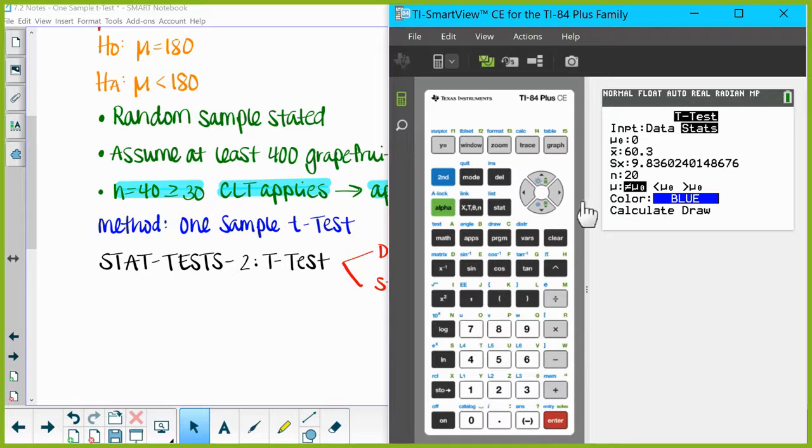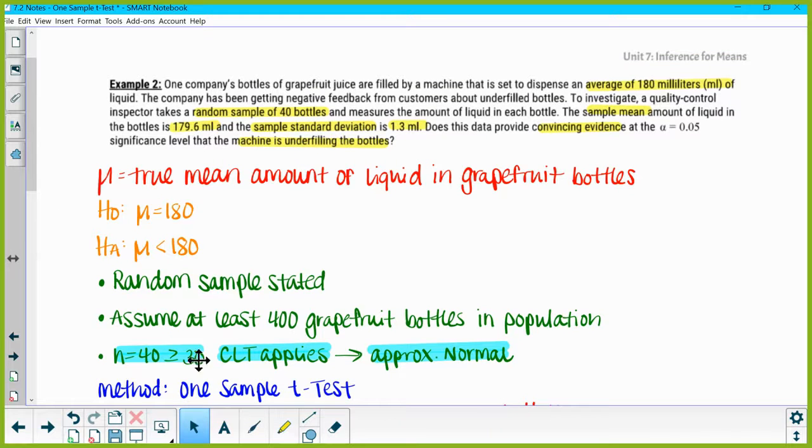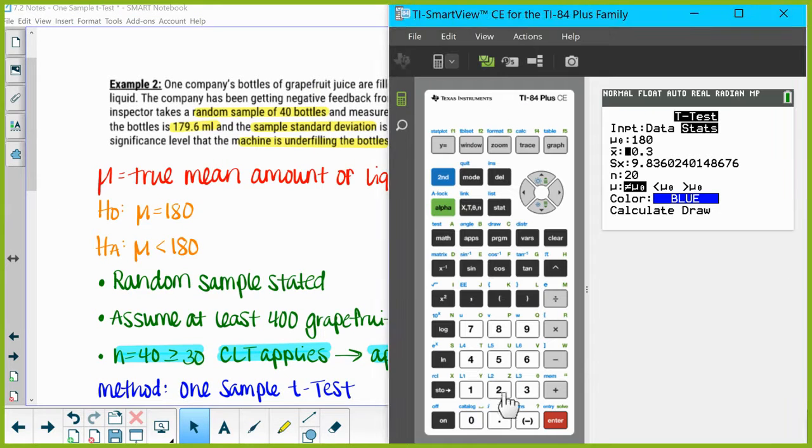So I need to enter in my null mean. They are expecting it to be 180. The current mean is, let me double check, 179.6. So let me type it in, 179.6. And the current standard deviation is 1.3. So there we go.